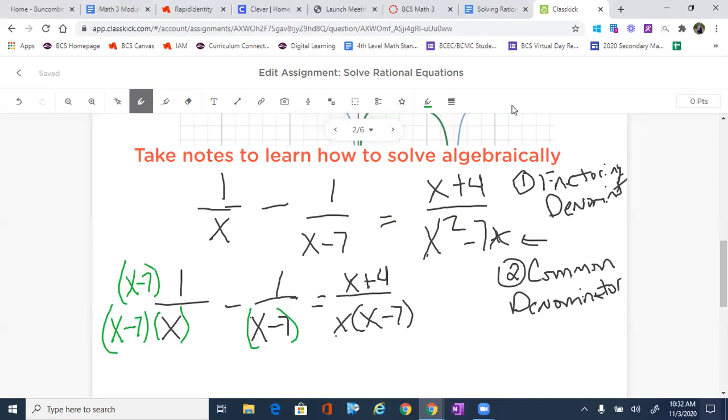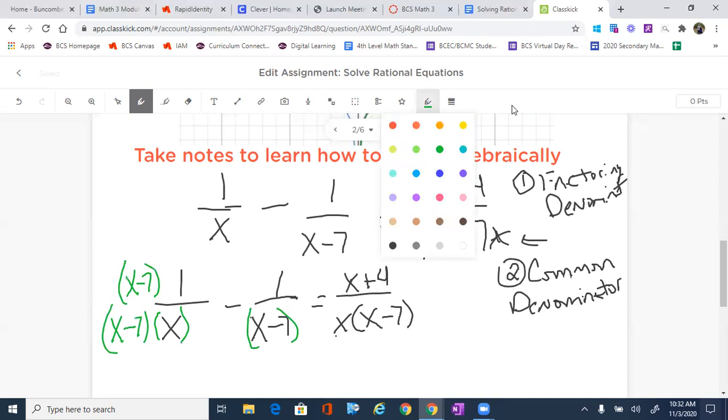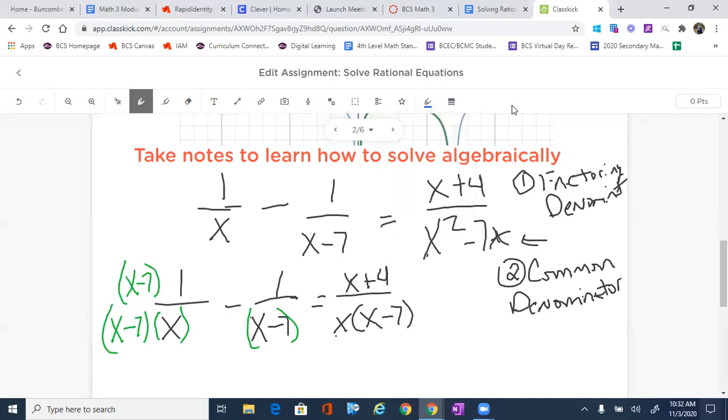On the middle one, we have an x minus 7, but we just don't have an x by itself, so I'm going to multiply by an x on the bottom and the top. And the last one right over here has both of them already, x and x minus 7. So we have a common denominator, which is simply x times x minus 7.